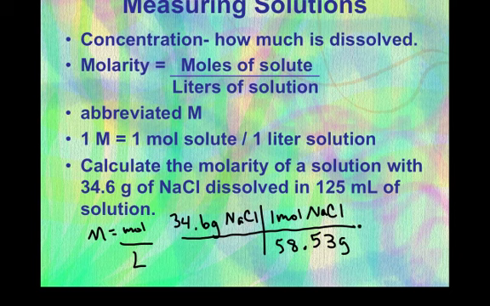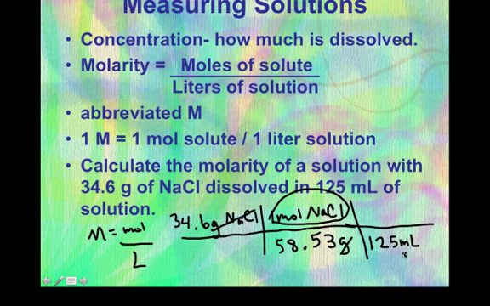All right, now since I want moles per liter, I'm just going to keep my T-table going here. I want moles to be on top, and it is now because grams has canceled away. And I want liters to be on the bottom. Right now I have milliliters. We're dissolving in 125 milliliters of solution.